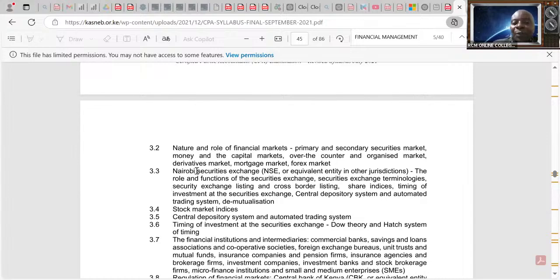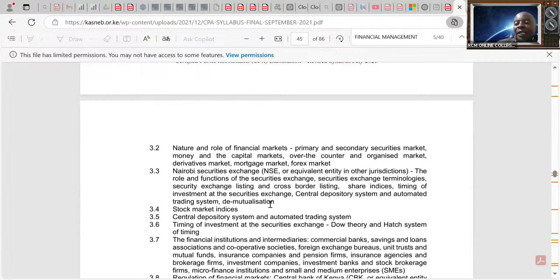Then they want us to look at 3.3, Nairobi Securities Exchange, NSE or equivalent entity in other jurisdictions, the role and the functions of the securities exchange, terminologies, security exchange listing, and the cross-border listing, share indices, timing of investment at the securities exchange, central depository system, and automated trading system.